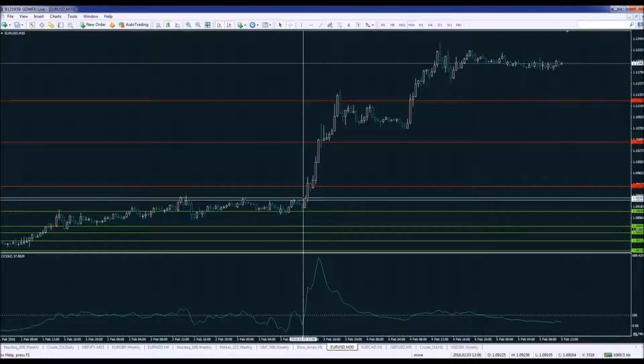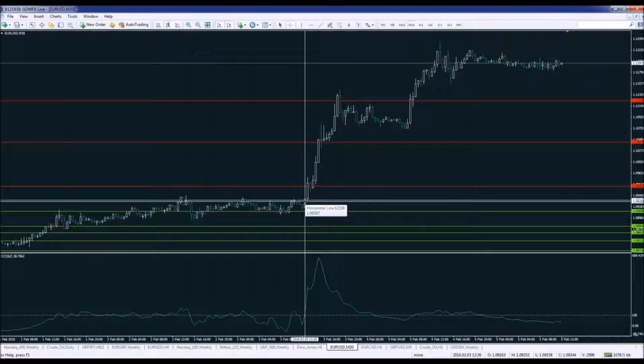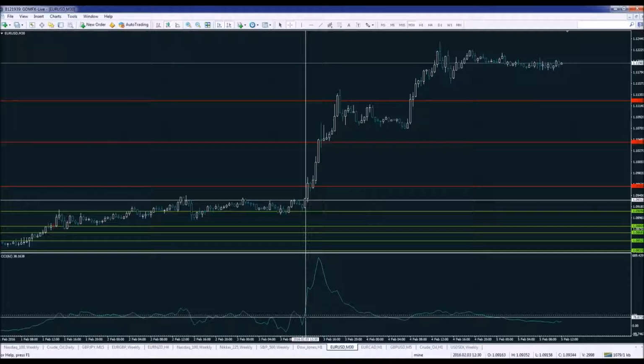We saw the pivot point, the confirmation above the pivot point. We saw the commodity channel index breaking above the 100 level, signaling us upside.